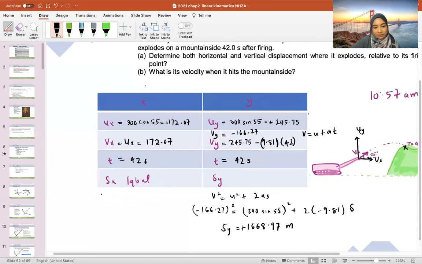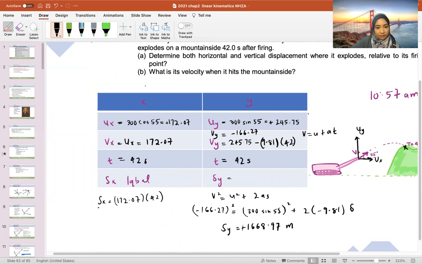Macam mana nak cari SX? SX is equal to 172.07 multiply by 42. Okay.